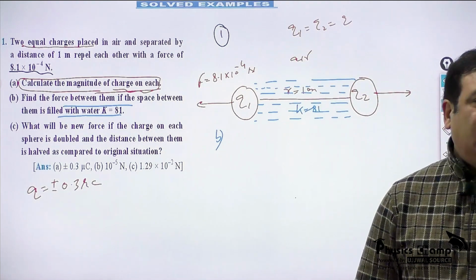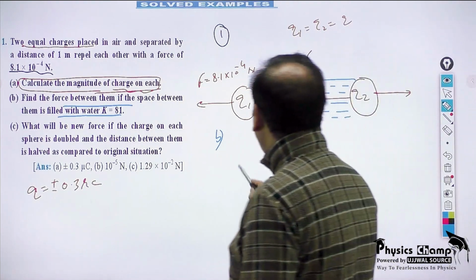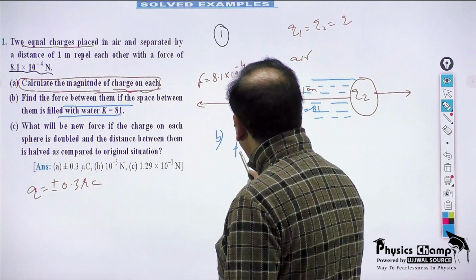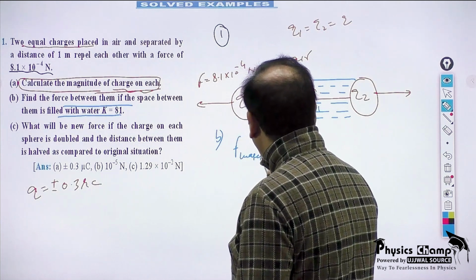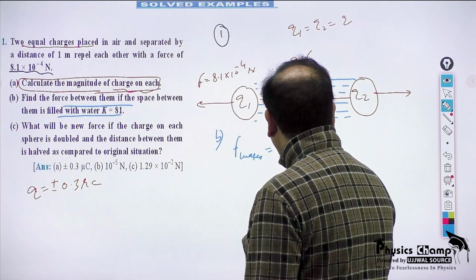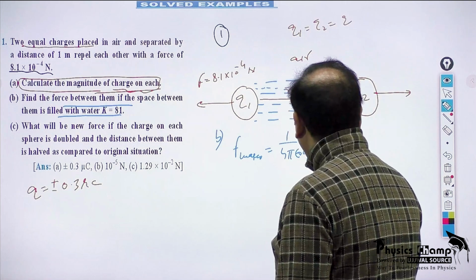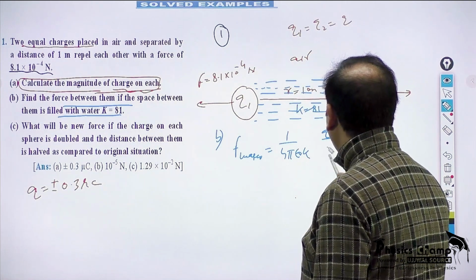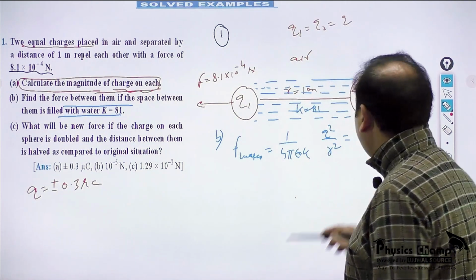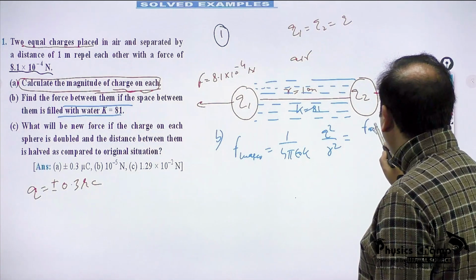What will be the force now? The force in water will be 1 by 4 pi epsilon naught K Q square by r square. So this is the force in air divided by K.